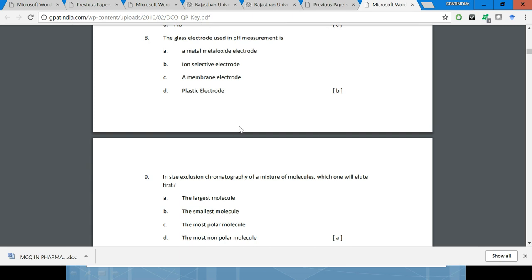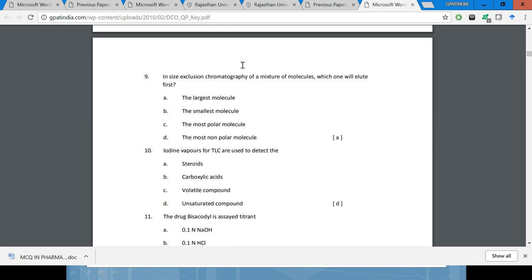Next question is, glass electrode used in pH measurement is. It's very simple. These are ion selective electrodes. Next question, in size exclusion chromatography of a mixture of molecules, which one will elute first?